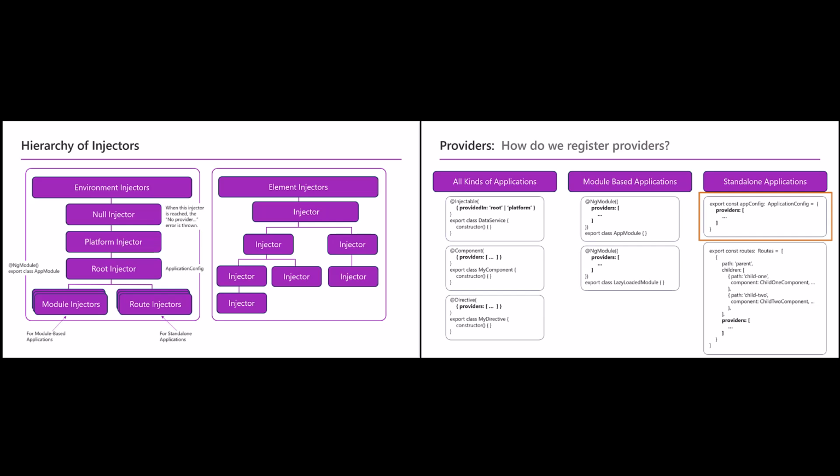When we register a provider by adding it to the providers array of the application config, the root injector again creates an instance of the service at the root level. So now let's take a look at what occurs when we register providers in a component.